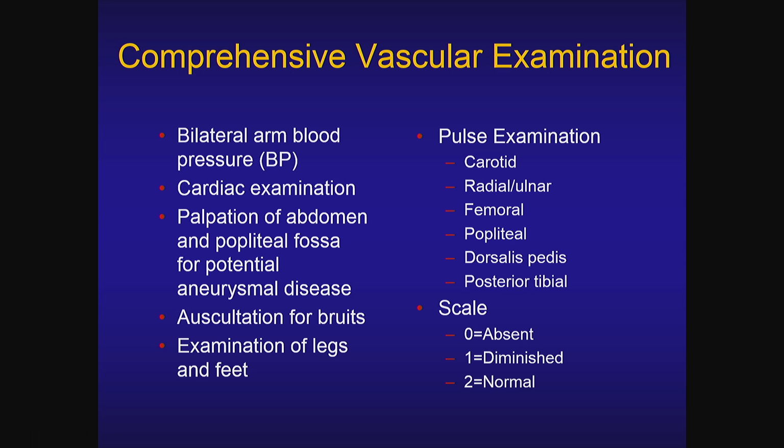After that, vascular examination can yield a lot of insight into the severity and level of arterial disease, measuring blood pressure in both arms to exclude underlying subclavian artery stenosis, careful cardiac examination and palpation of both the abdomen and popliteal fossa looking for potential aneurysmal disease is still an important part of the exam, despite the ever-increasing access to imaging modalities.